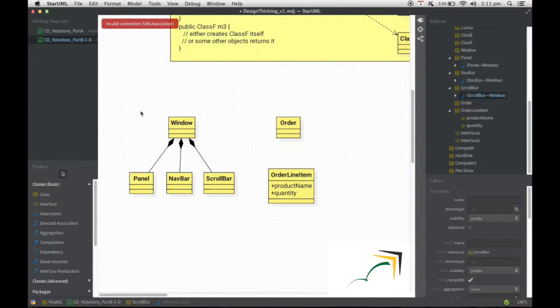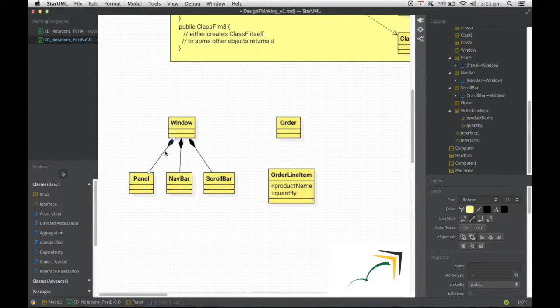In terms of UML notation, you have a non-shared aggregation, and the symbol used is a diamond, and it is filled. The diamond is always on the side of the whole. It's the window that's the whole object, and these are the various parts we're talking about.